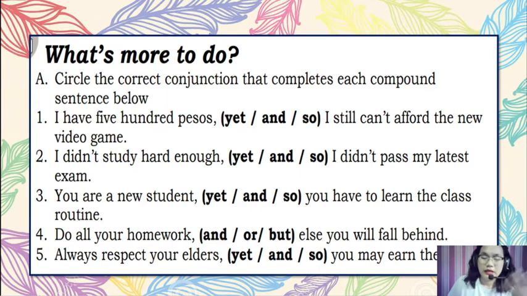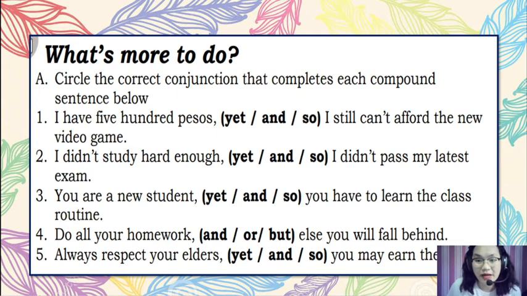Now, the problem here is, despite having 500 pesos, still, he cannot afford the new video game. Now, let's answer this question. What do you think is the appropriate coordinating conjunction that we should use here in sentence number 1? Great. The answer is yet.